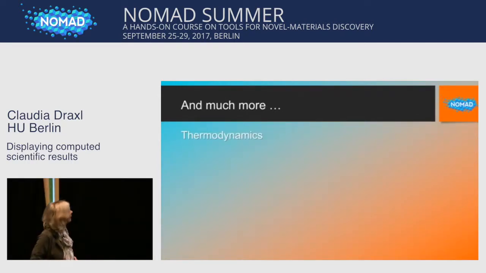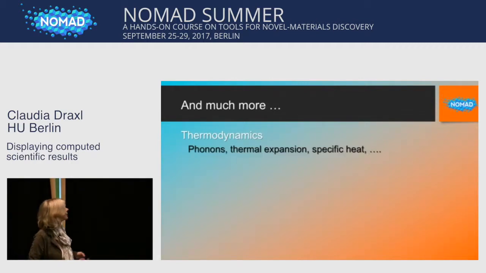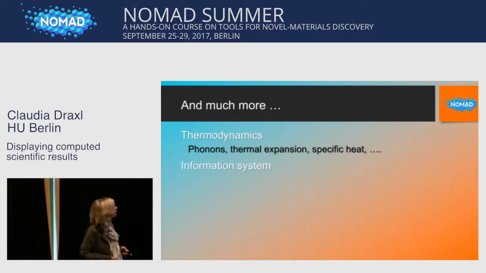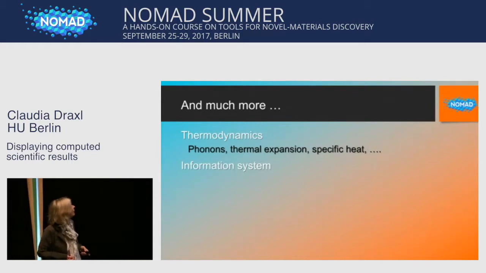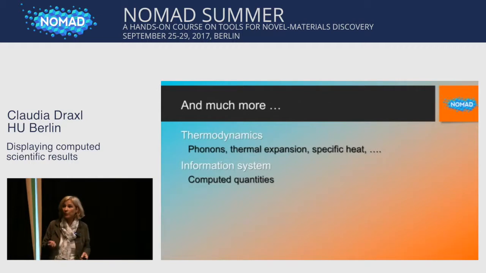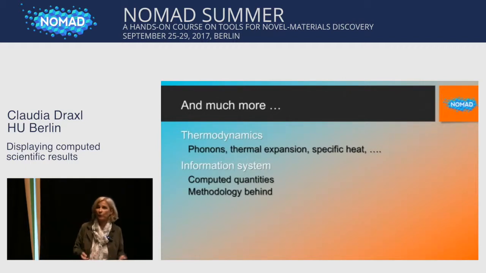So what else? We also have thermodynamics. You can explore it later yourself. So phonons, thermal expansion, specific heat, other properties derived from this. We have an information system which helps you going through that. It shows you information about the quantities that are computed. It shows the methodology behind, for instance, if you want to know more about a certain functional, there will be a link to the original paper.